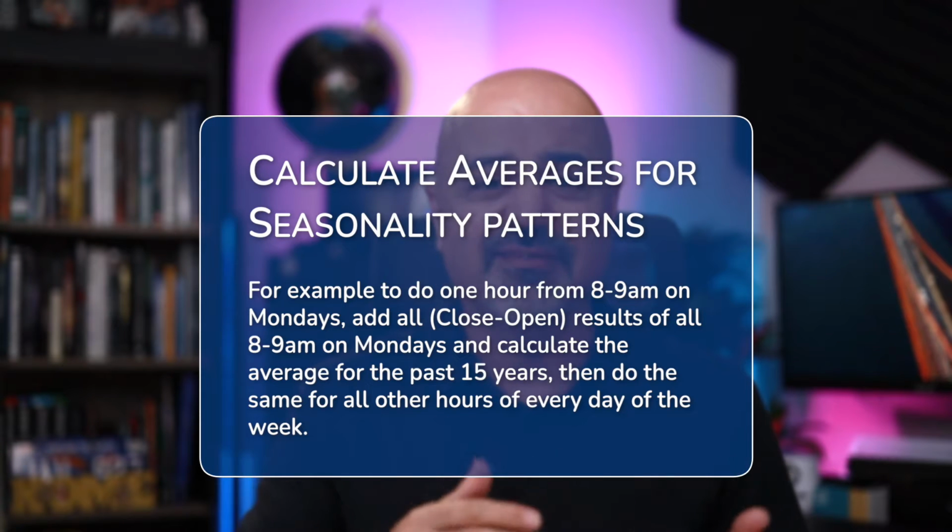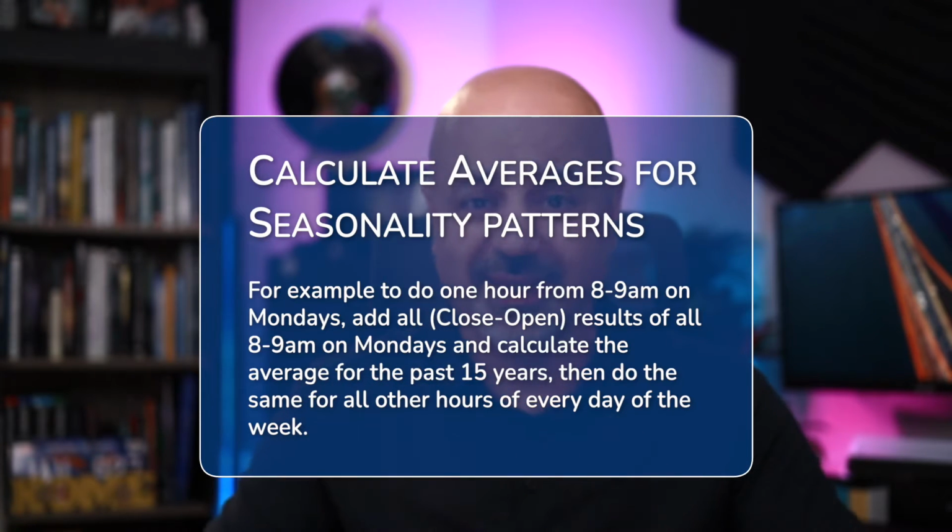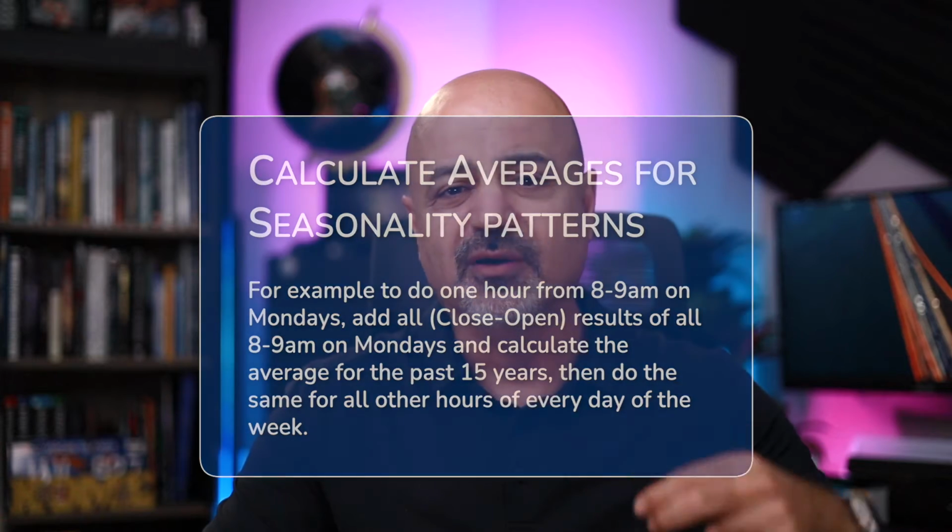So let's say the average of 8 a.m. to 9 a.m. of every Monday, we make $10 if we buy the open and sell the close. Then we bring 9 a.m. to 10 a.m., 10 to 11, and so on and so forth. So we end up with 24 hours, so 24 cells. Each cell represents that hour on that day for the past 15 years.